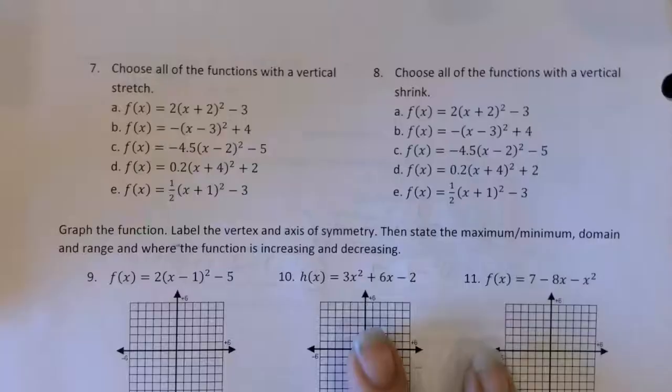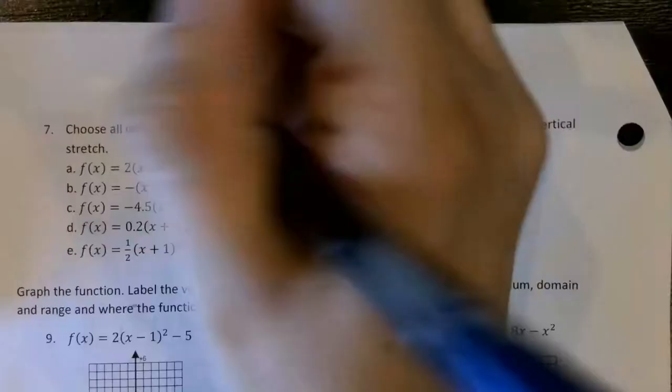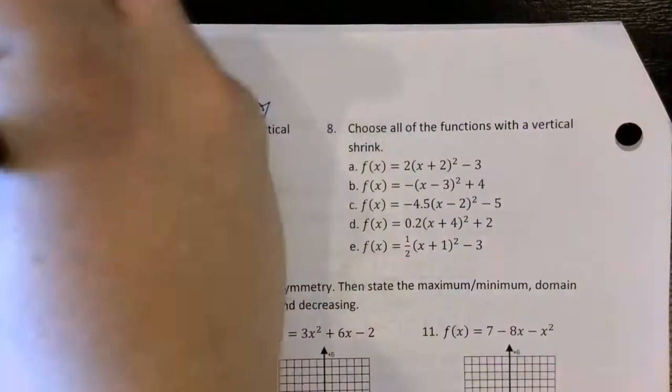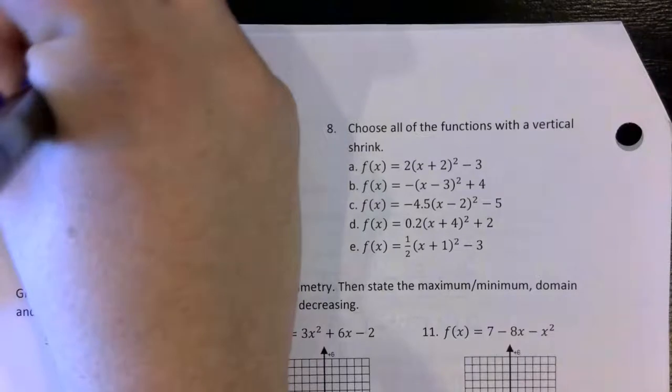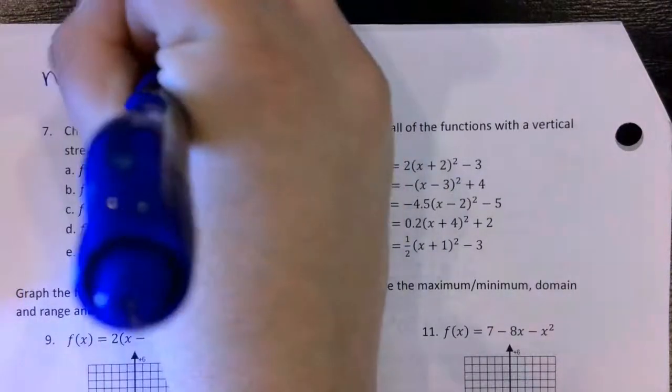Number 7 wants me to choose all the ones that have a vertical stretch. I'm looking for numbers with an absolute value greater than 1.